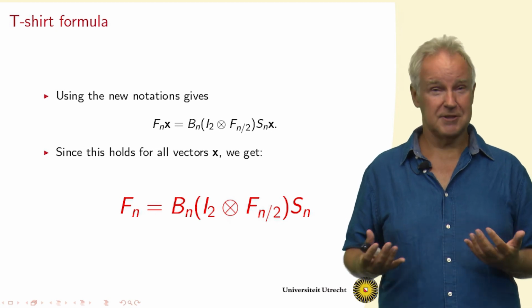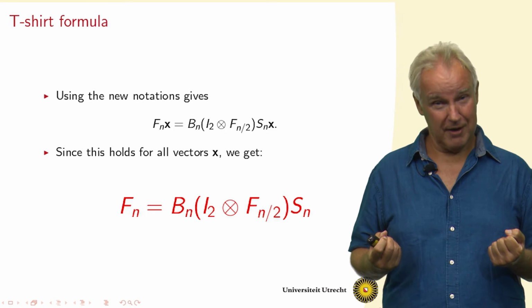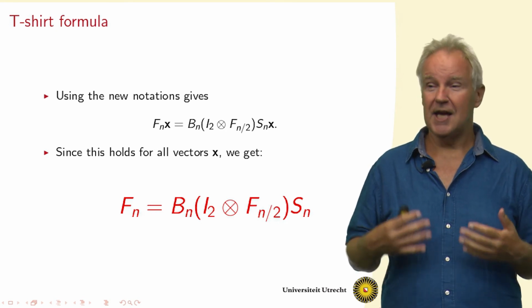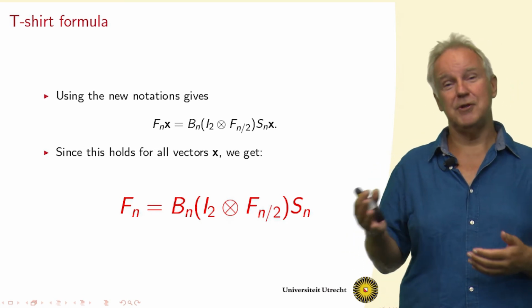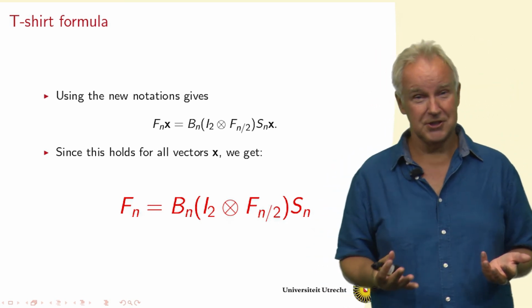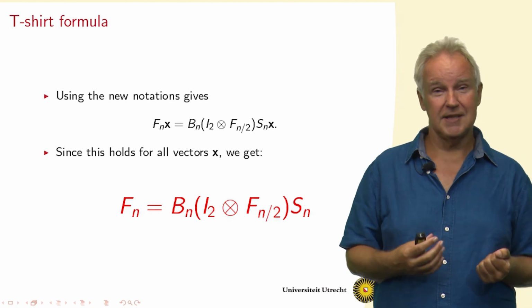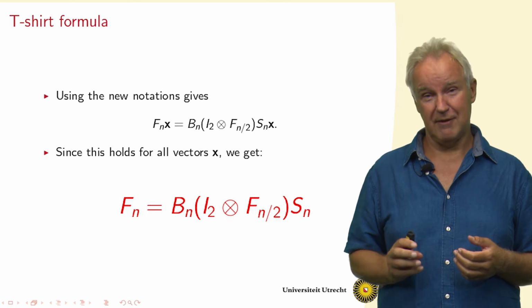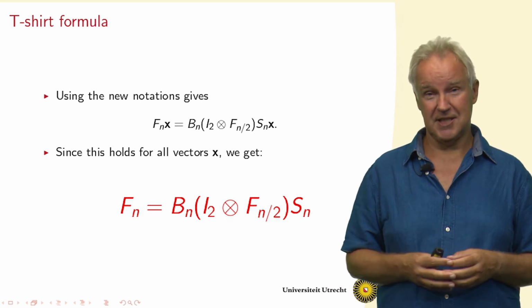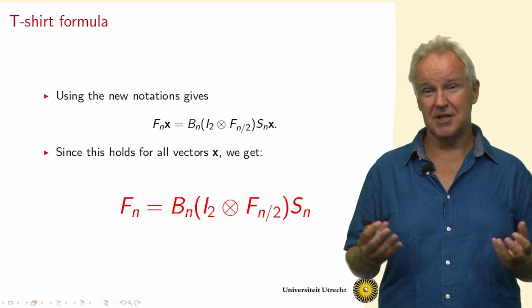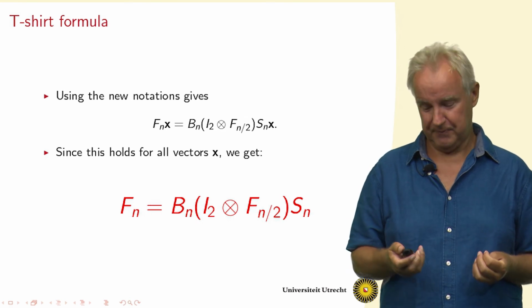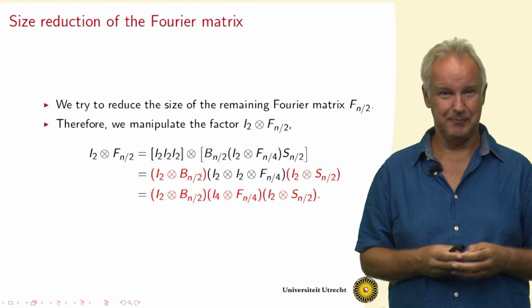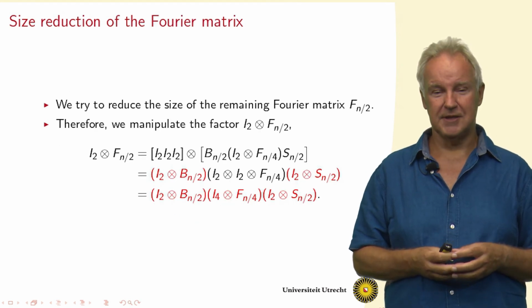So because this is true for every x, for every vector, the matrices must be the same. And that gives a formula which, if you get carried away, you could put on your t-shirt. The formula is Fn equals Bn times I2 Kronecker Fn over 2 times Sn. So this is our recursive formula, and we can use it to derive a non-recursive algorithm. So how do we do that?